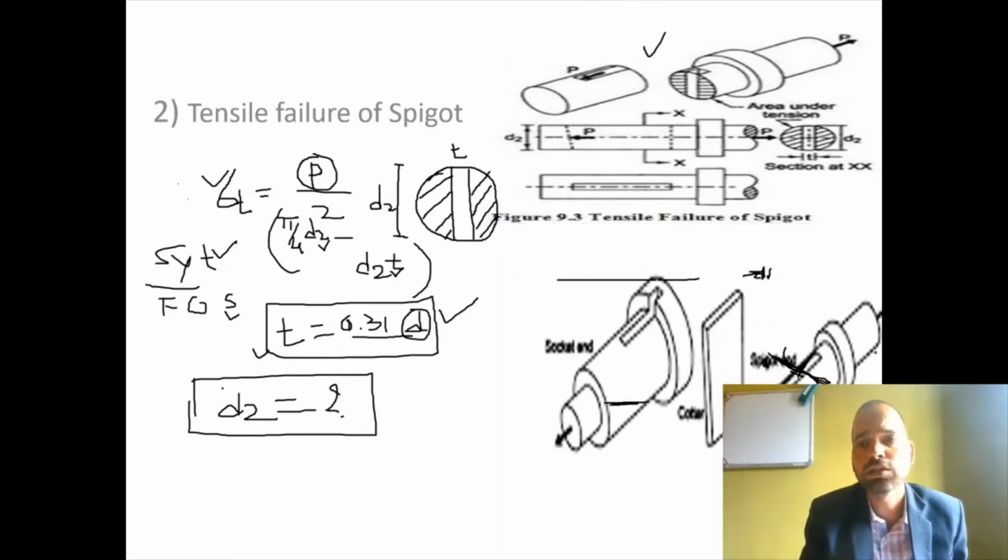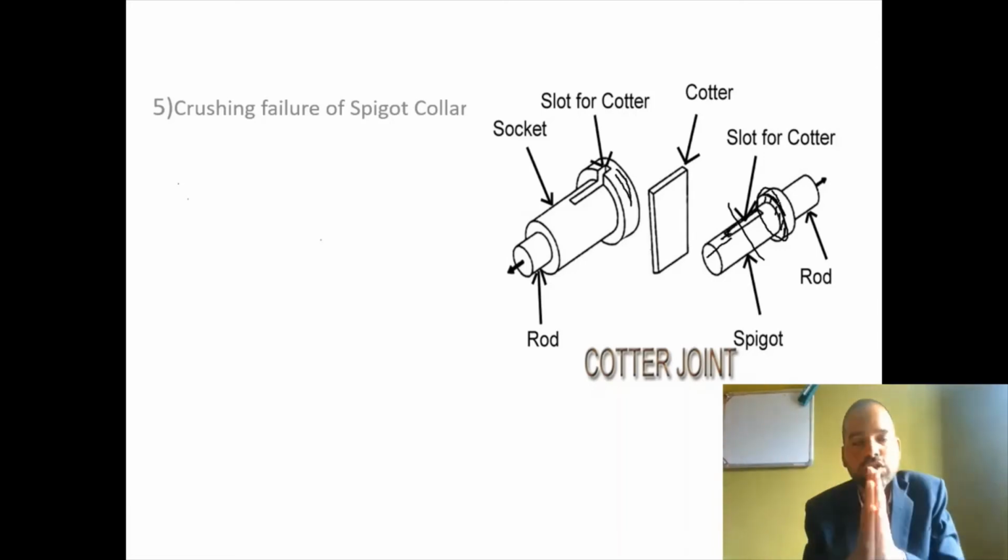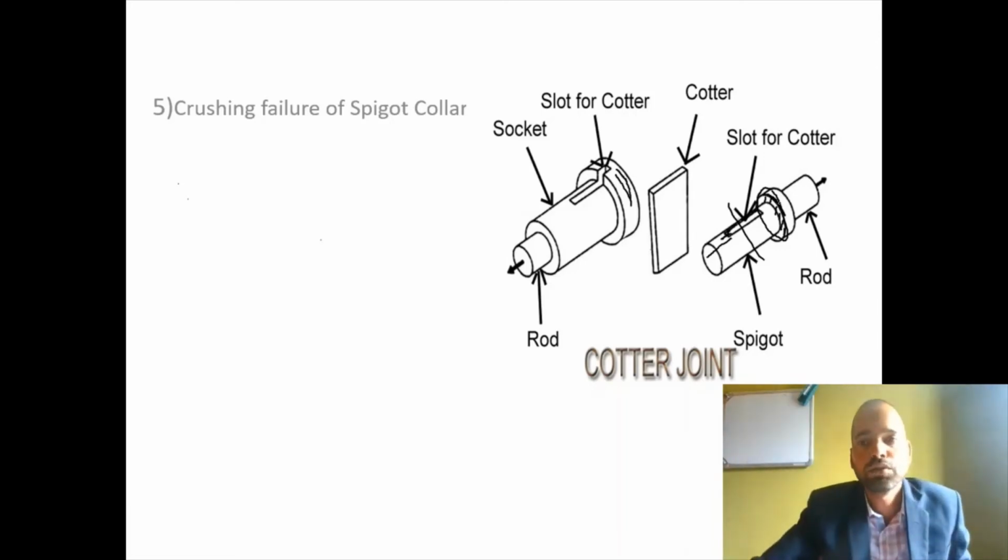So what are the chances of failure due to that compressive load? First, this collar of the socket will compress the collar of the spigot, and this compression will result in compressive or crushing failure of the spigot collar. Now what is the area under crushing?